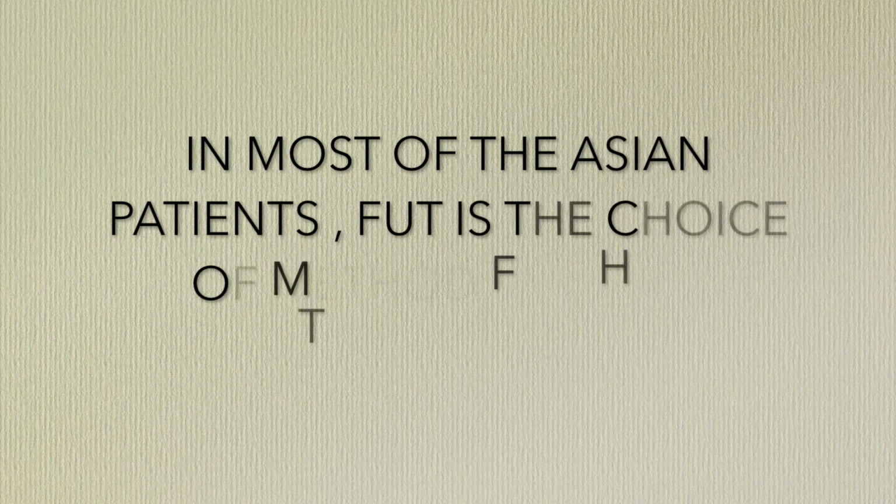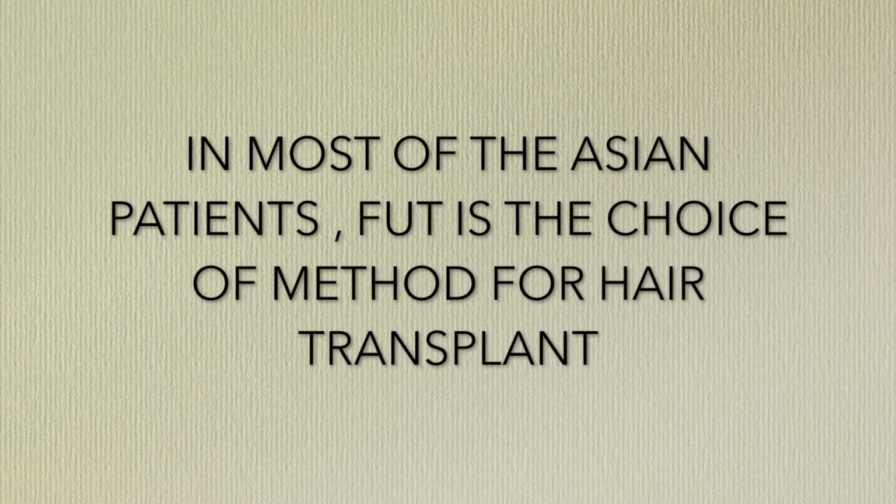So in African patients also, or in Asian patients where we have curly roots, the method of choice is always an FUT procedure. So there are so many reasons why FUT is so important and still holds a very important place in a hair transplant clinic.